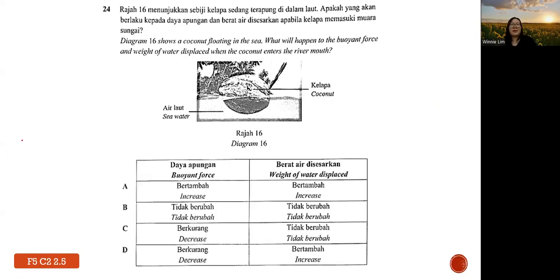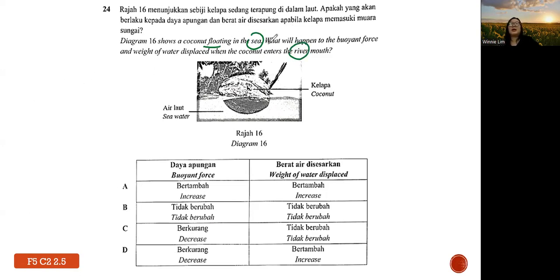24. Diagram 16 shows a coconut floating in the sea. What will happen to the buoyant force and weight of the water displaced when the coconut enters the river mouth? Initially it is floating in the sea. What is different between sea and river water?